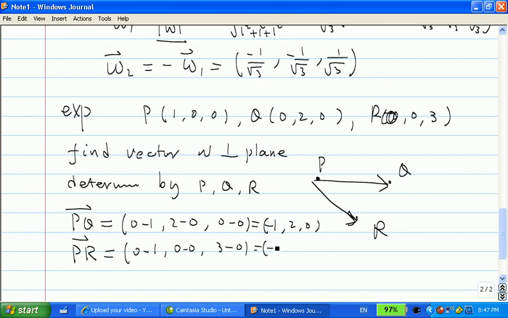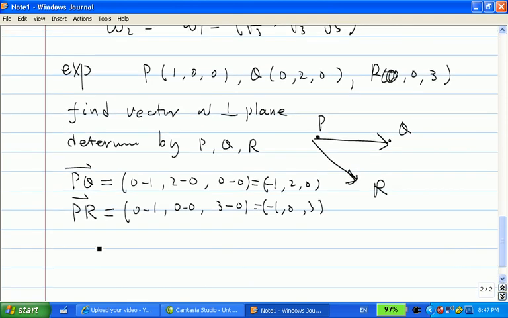Okay, minus 1, 0, and 3. Then perform the cross product. The result of the cross product gives you another vector. We call it W. And this W is perpendicular to both vectors, which means perpendicular to the plane determined by P, Q, and R. You know how to calculate this. Okay, so I'm going to stop here.